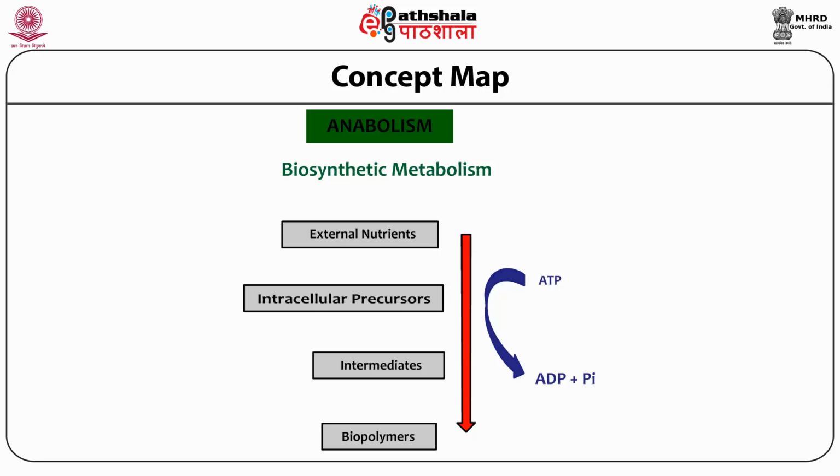The conversion of a simple molecule or a monomer to a biopolymer takes place by the utilization of adenosine triphosphate, which results in the formation of the biopolymer, and this adenosine triphosphate serves as the energy source for the anabolic process.